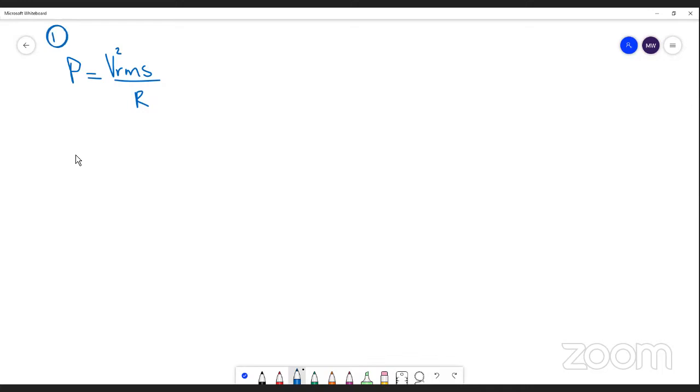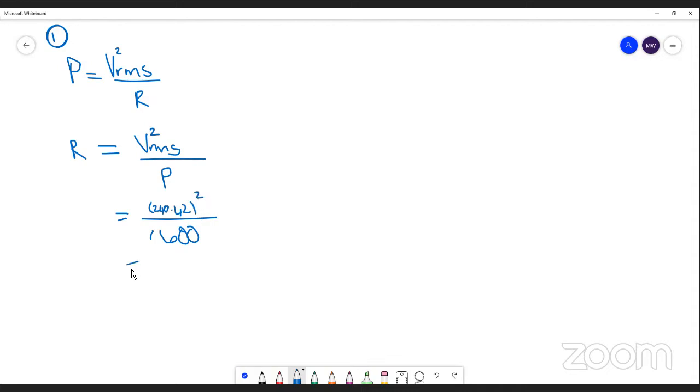So this is the one way that we can do it. I'm just going to rearrange my formula before I plug in any values because I like doing that. But if you plug in values directly, it doesn't matter. So we know from the paragraph that our power was 1,600. And we just worked out our VRMS to be 240.42 squared.